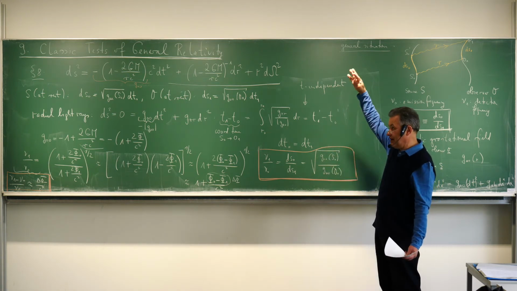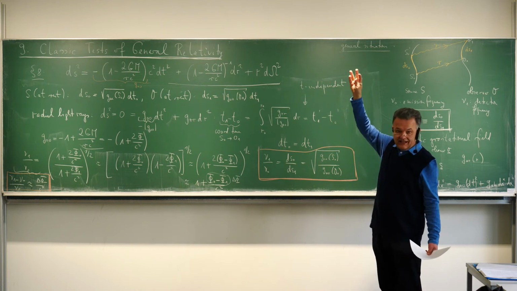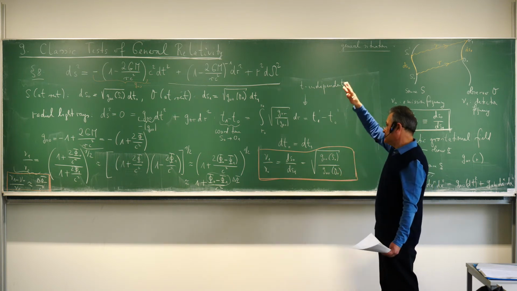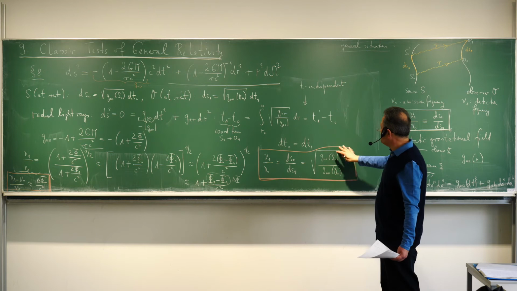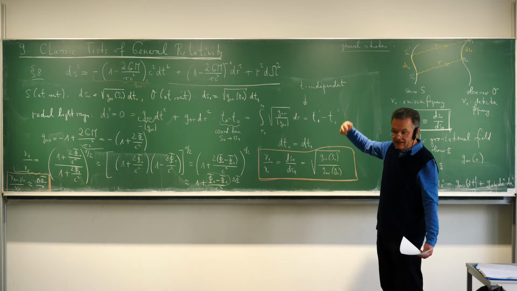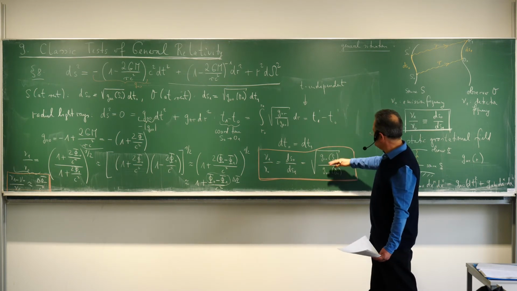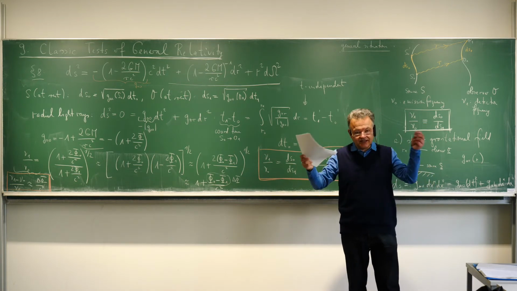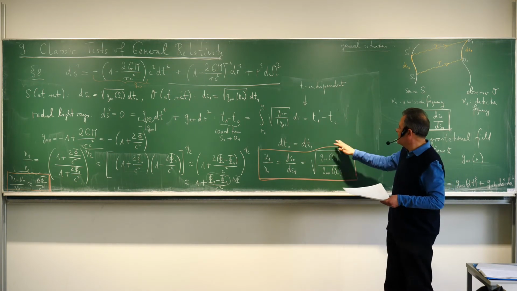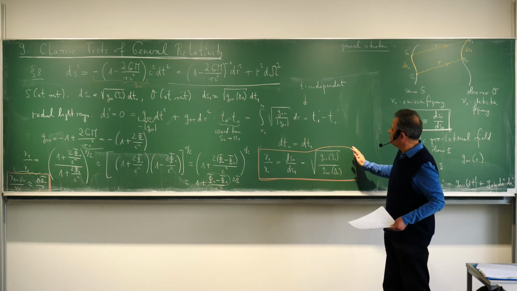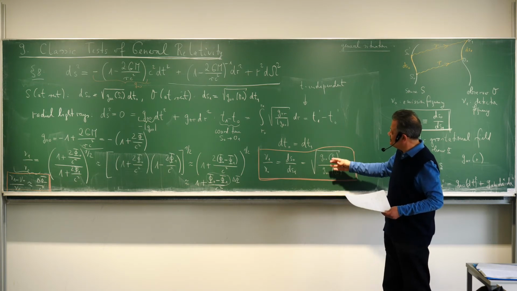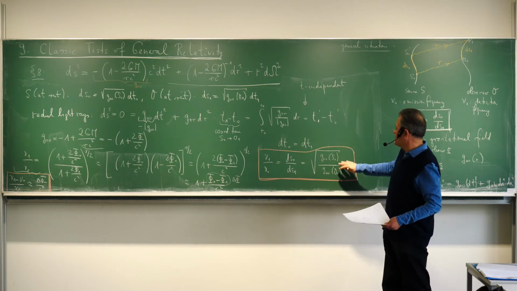For example, if you have a satellite high above, of course you have to consider its motion, but apart from that, for the radial direction, you can just use this here. So when you send light signals between satellites, most of it, if you neglect the velocity, comes from that.